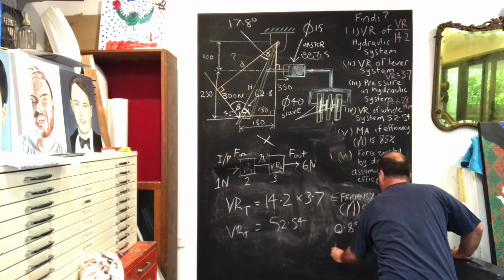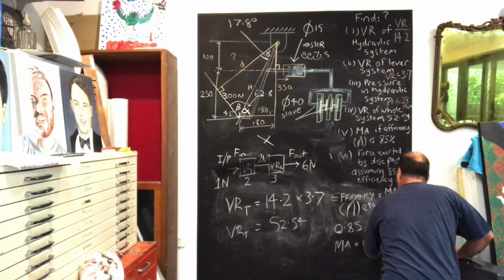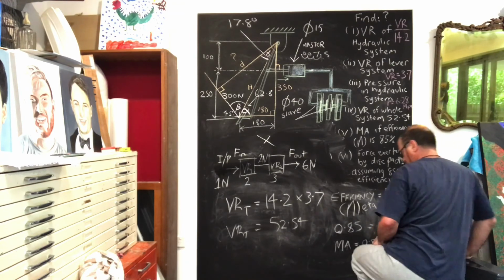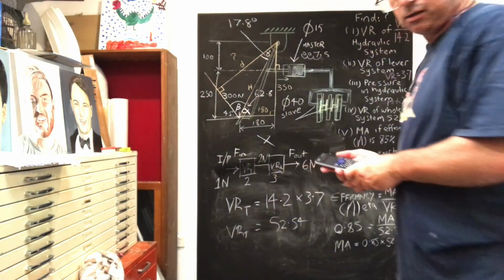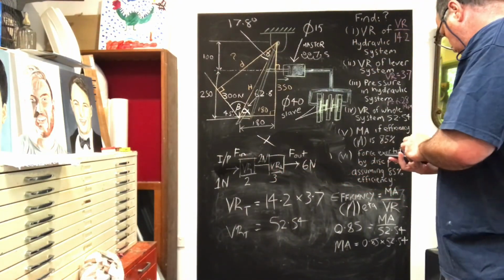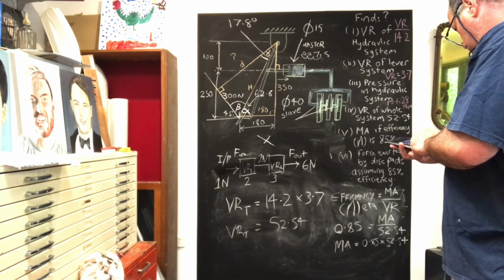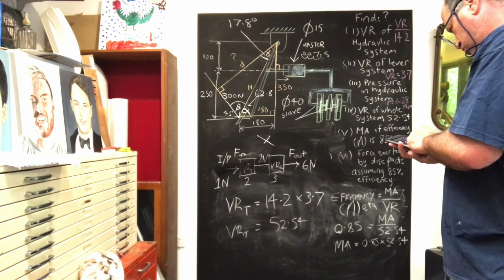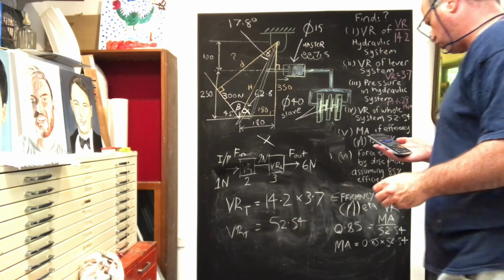So our MA is going to be equal to 0.85 times 52.54. We're just making MA the subject of the equation. Okay, so we get out our trusty calculator and we say 0.85 times 52.54 equals 44.7.